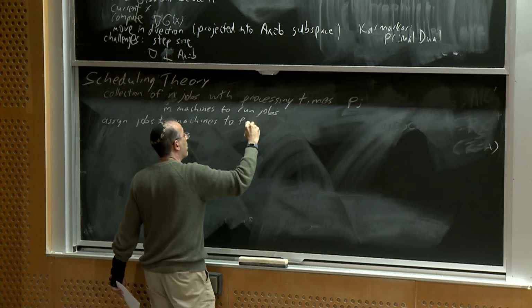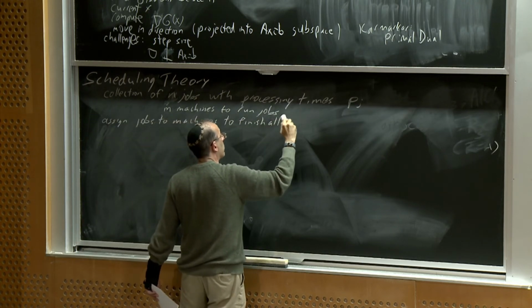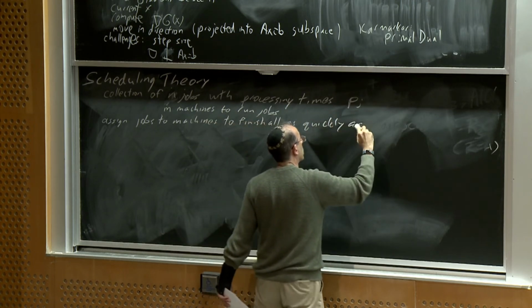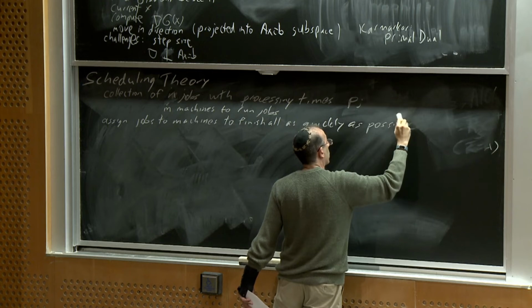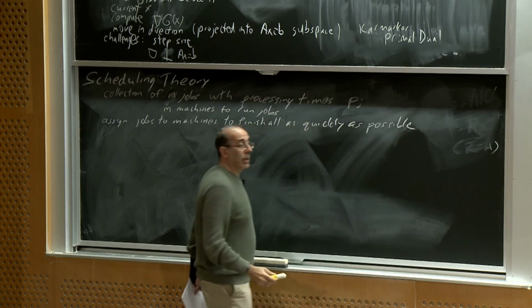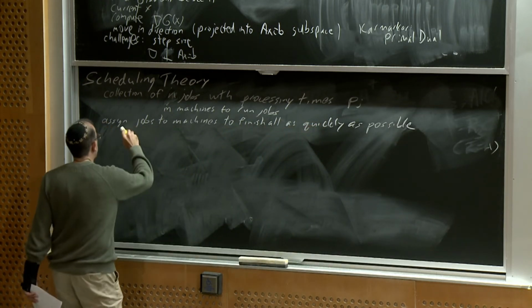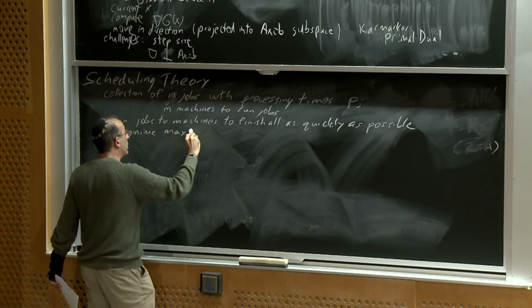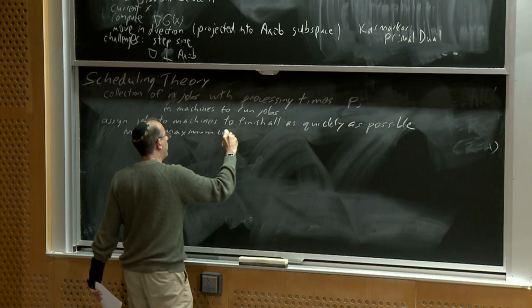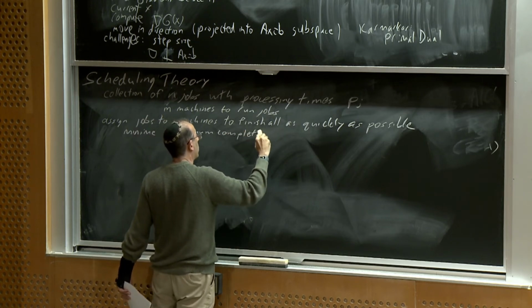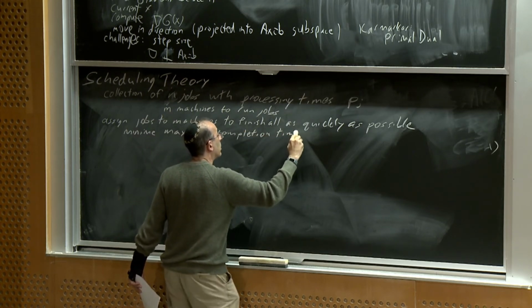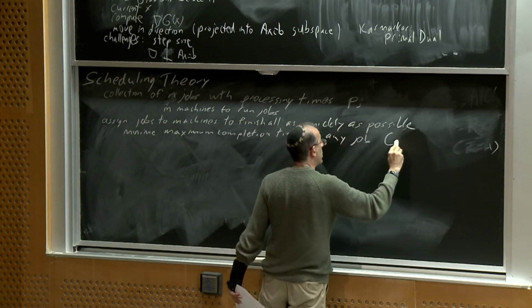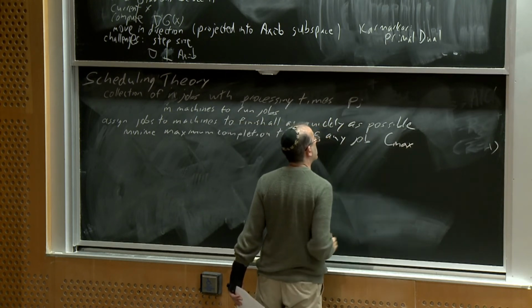to finish all of them as quickly as possible. That is, we want to minimize the maximum completion time of any job. And this is generally denoted by C sub max.